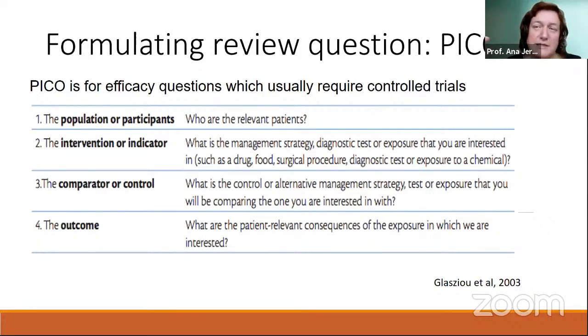Based on these elements, we can combine them as keywords. So we can use our definition of population with our definition of intervention and search databases. Sometimes, if we combine all the elements, we can end up with a search with a very small number of studies, and that is why we need to relax the search a bit and not use all the elements.